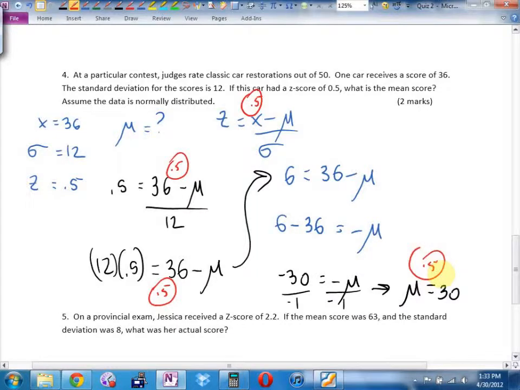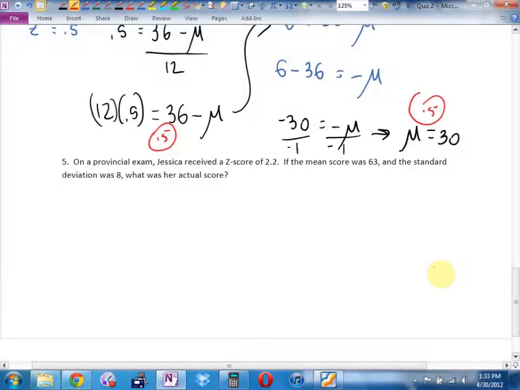Okay. Number 5. On a provincial exam, Jessica received a Z-score of 2.2. If the mean score was 63 and the standard deviation was 8, what was her actual score? Okay. Z equals X minus mu all over the standard deviation. Let's list. We know that Z equals 2.2.